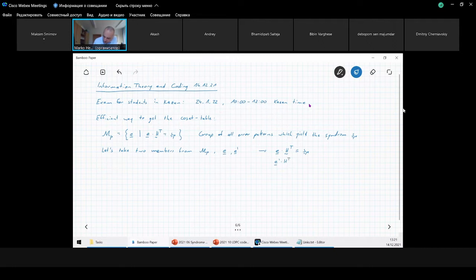E prime times H transpose will also be S mu. So this means E times H transpose will be the same as E prime times H transpose.